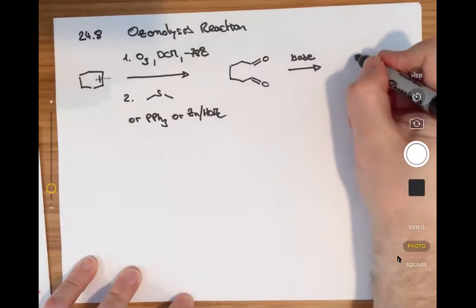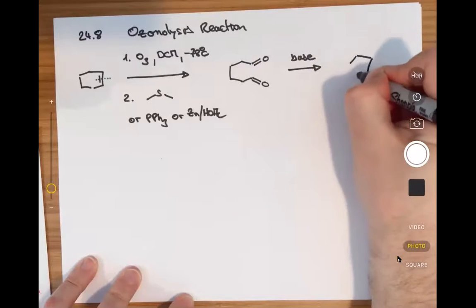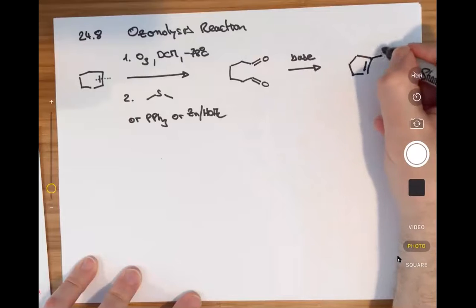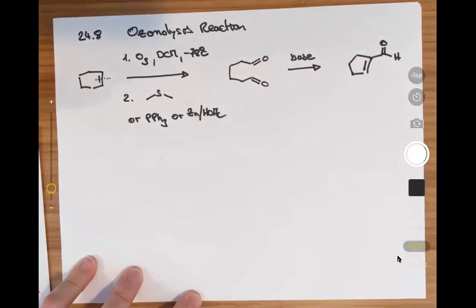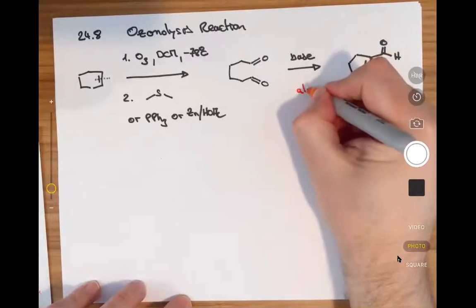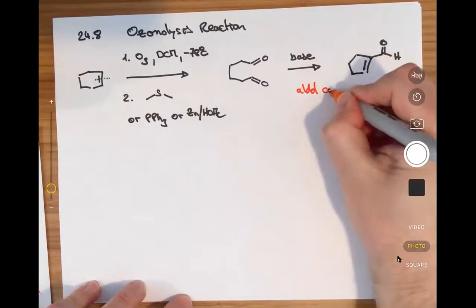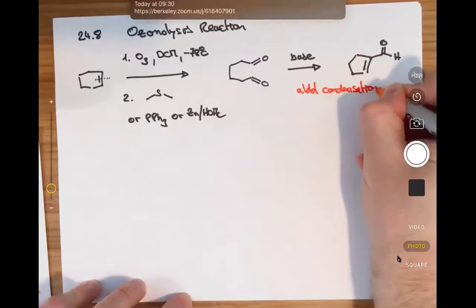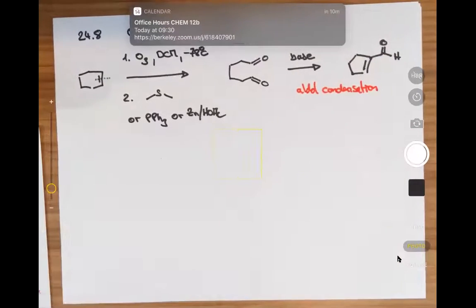So the product of this reaction oftentimes is then the aldol addition product or aldol condensation product that looks like this. So the last part is the aldol condensation, if you have a base present, of course.